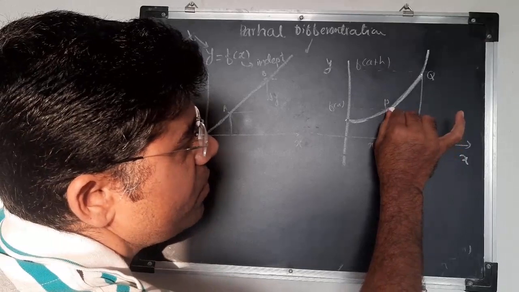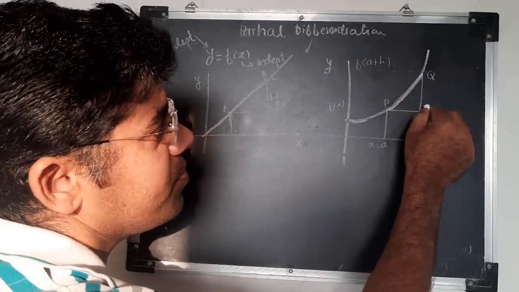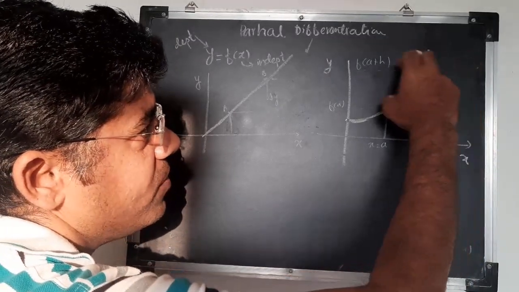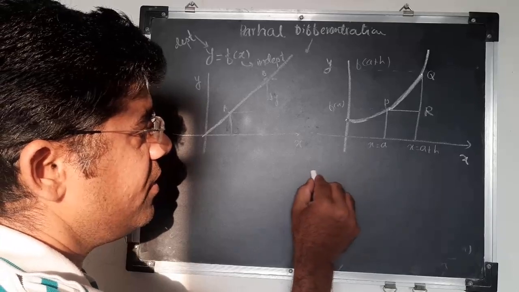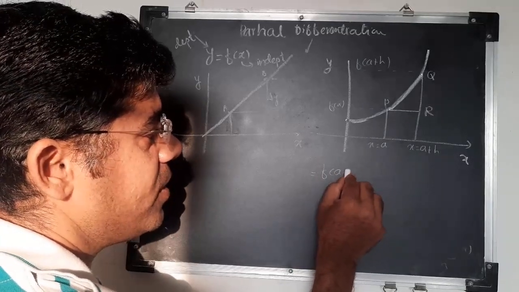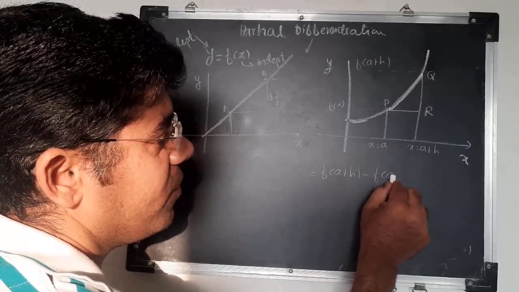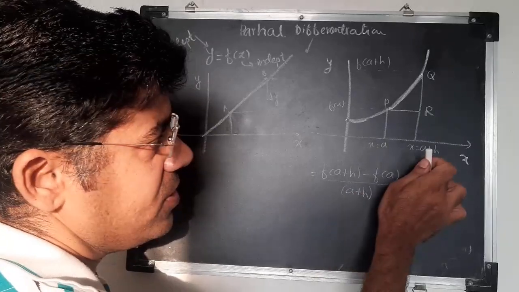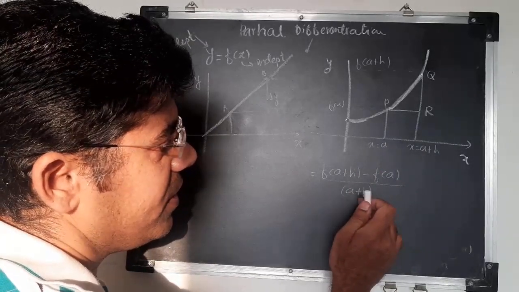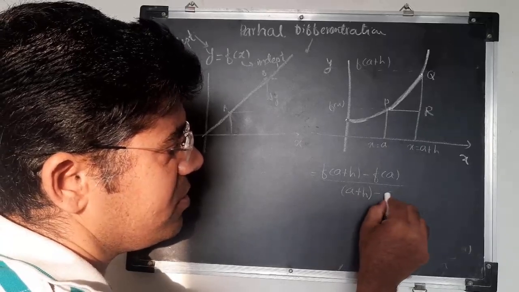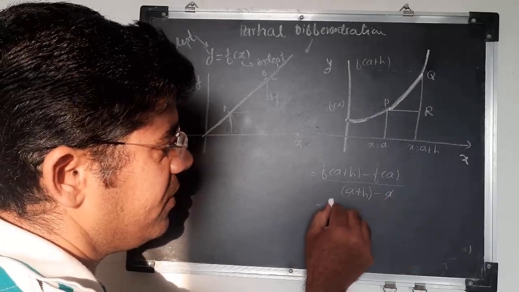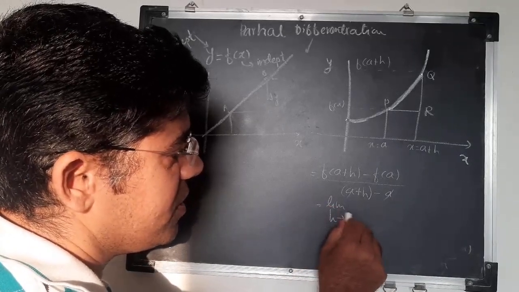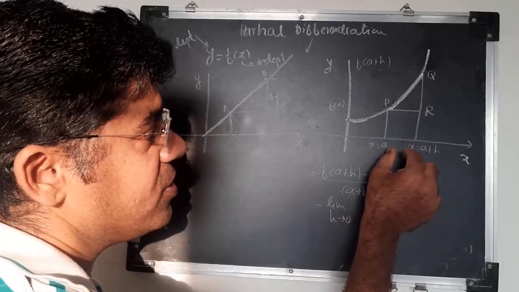So in this case what I'll do, I will consider this particular triangle, suppose PQR. And this QR represents what? It is just like f of A plus H minus f of A divided by A plus H minus A, this is y2 minus y1 divided by x2 minus x1. This cancels, and if you take the limit H tends to 0, means basically you are taking delta x smaller and smaller change.